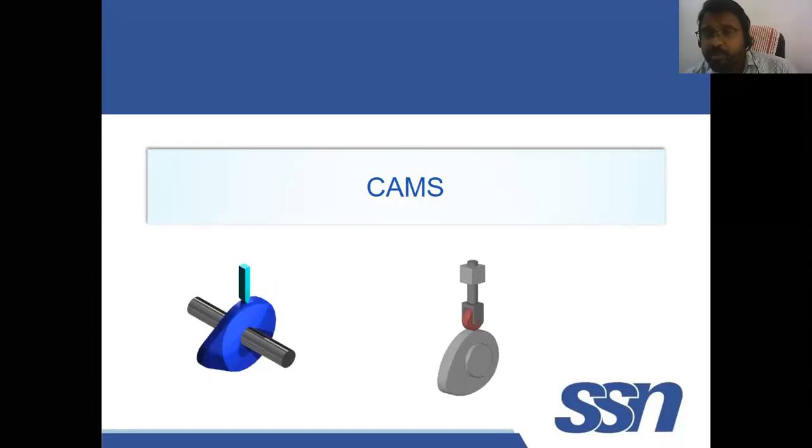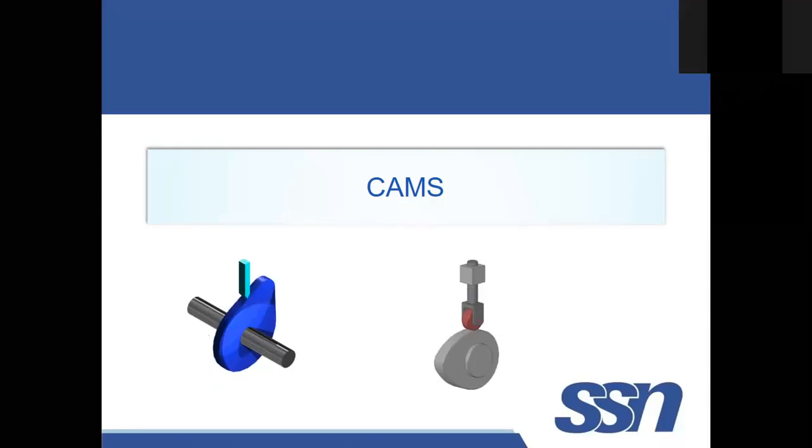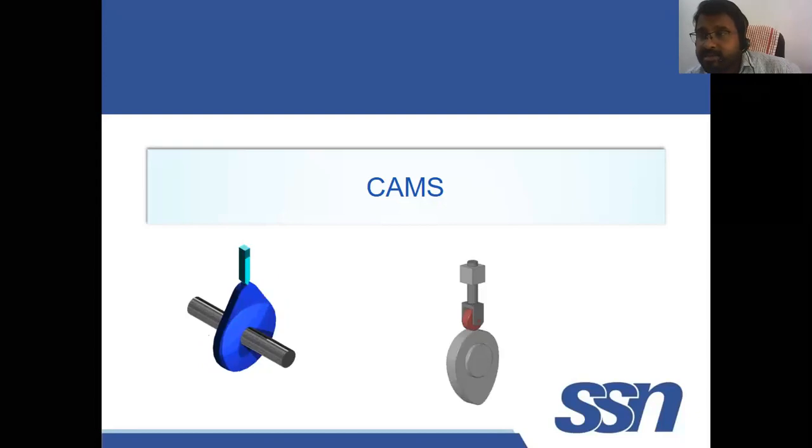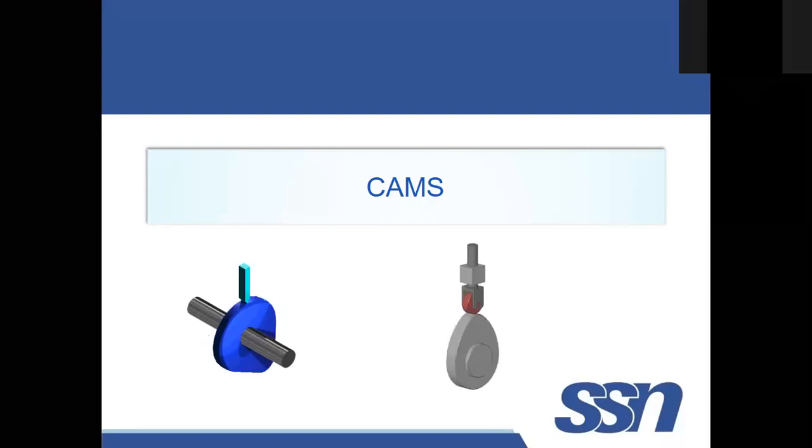You see in both mechanisms, two kinds of followers are used. This follower is called a knife edge follower, and this follower is called a circular follower. Can you see any places where this kind of mechanism is applied? Camshaft, sir.